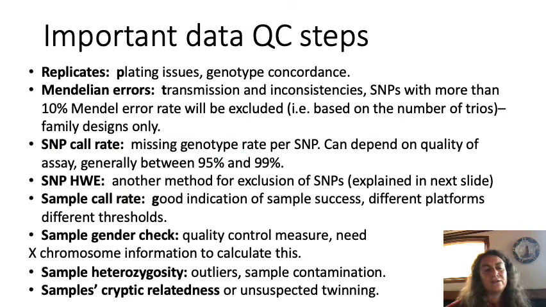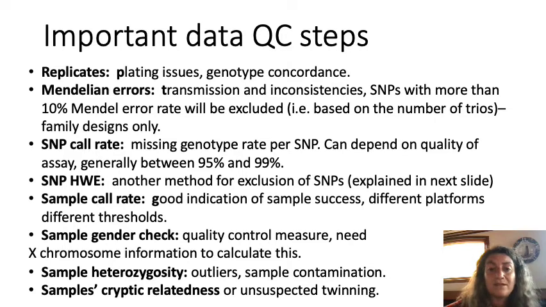Following that, there are important data QC steps. One of them is to work on replicates. For inspecting plating issues and looking at genotype concordance, it is a good idea to include the same DNA sample on different batches of experiments.